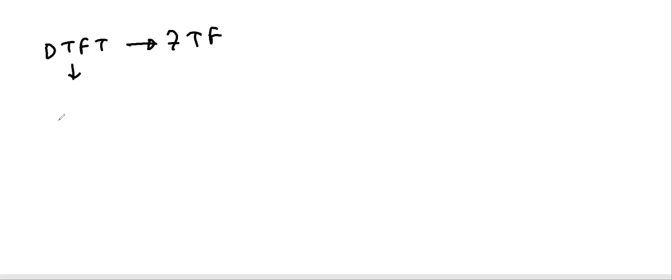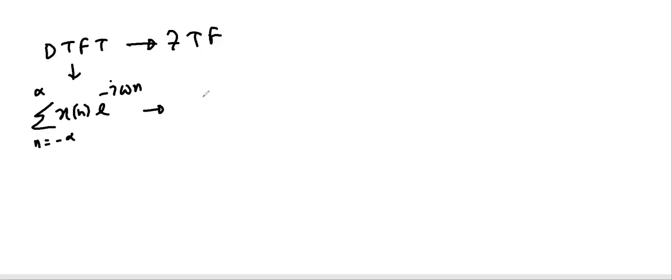So from the equation point of view, in the discrete time Fourier transform, we need a summation, definitely summation x[n] e to the power minus j omega n, where n is from minus infinity to plus infinity.